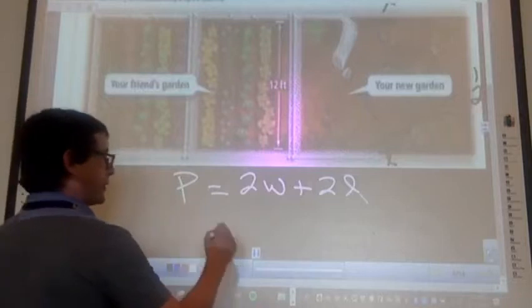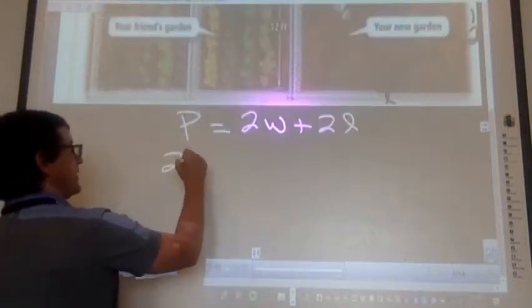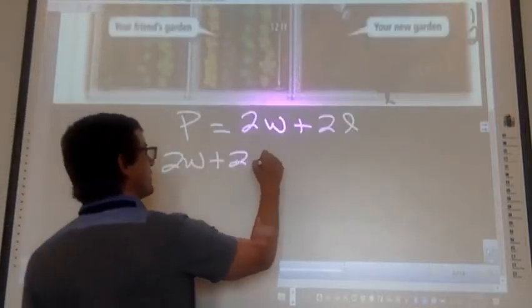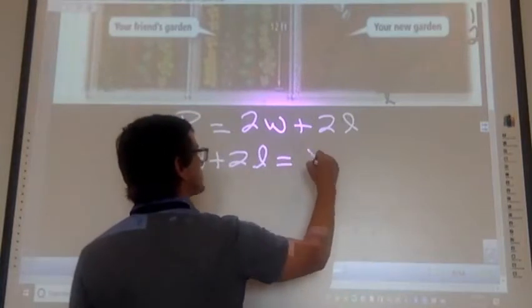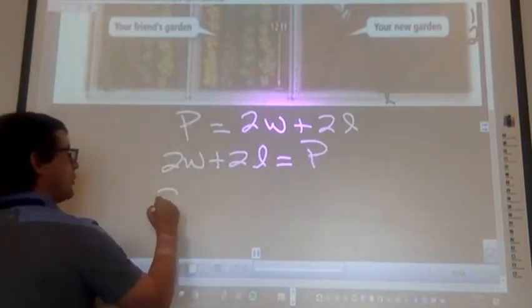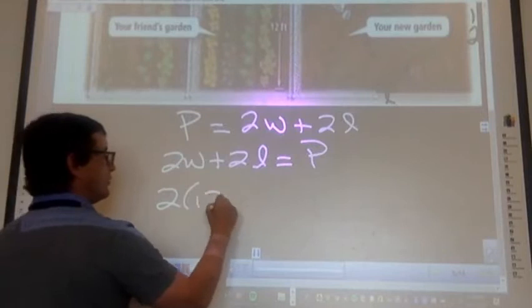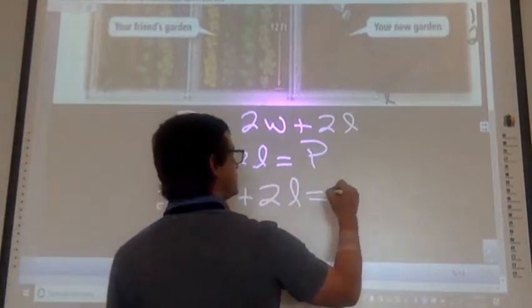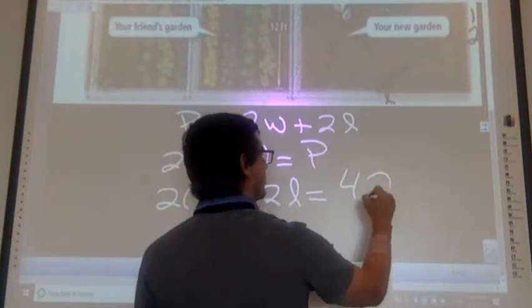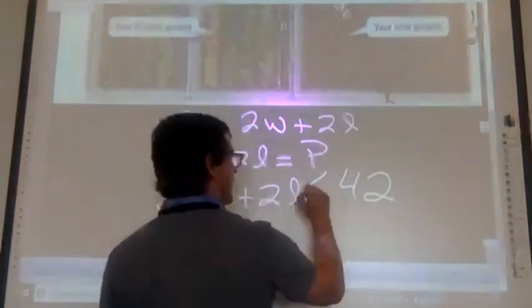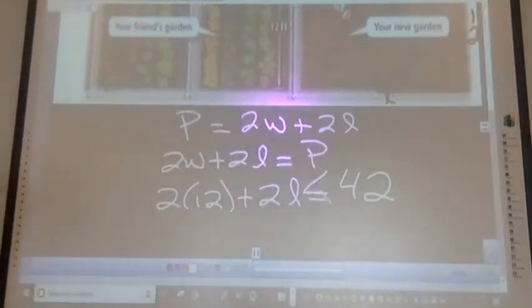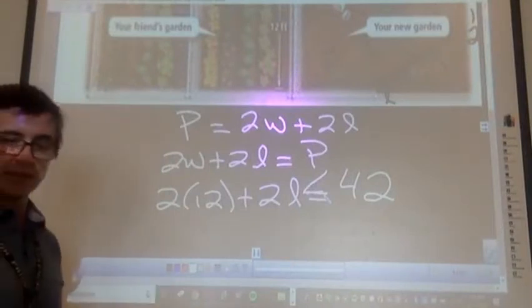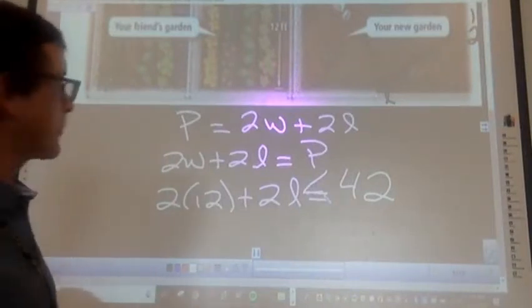So here, our perimeter, I'm actually going to write it this way so the variable is on the correct side. So we know the width is 12. We don't know the length. And we do know the perimeter is 42, and it's at most 42. So it has to be less than or equal to 42.